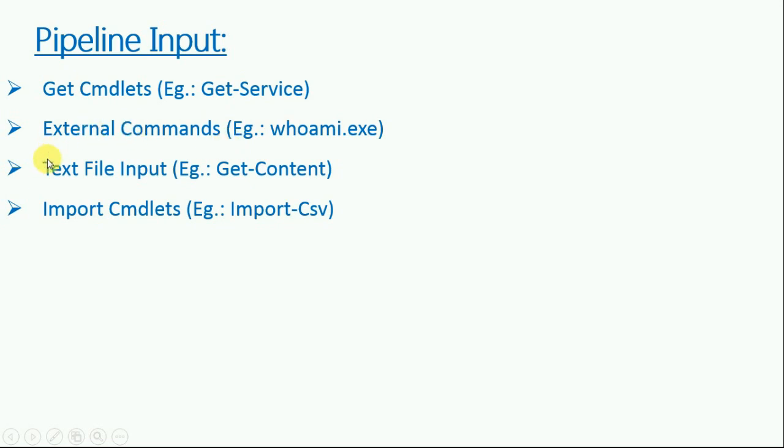We can also use the content of any text file: using the Get-Content cmdlet we can get the content of a file, and the same content can be used as input for any cmdlet in the pipeline.